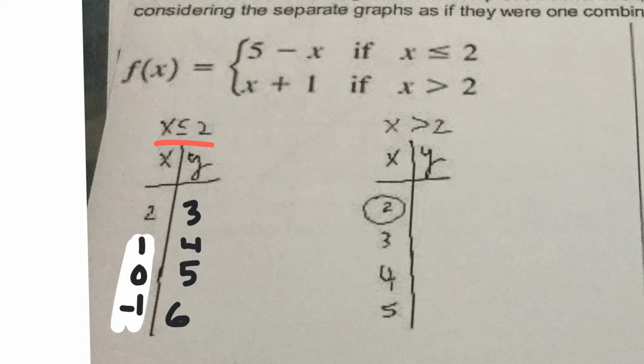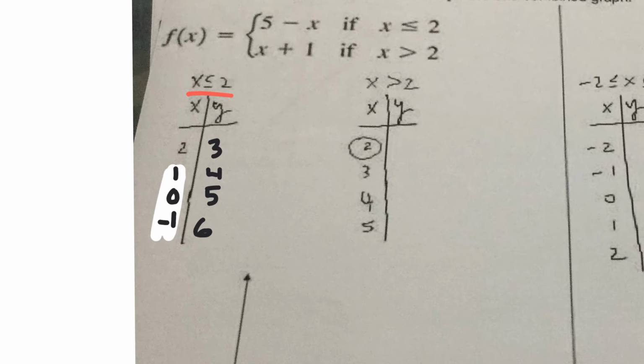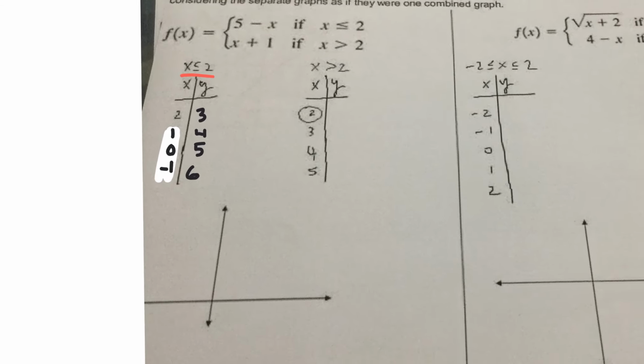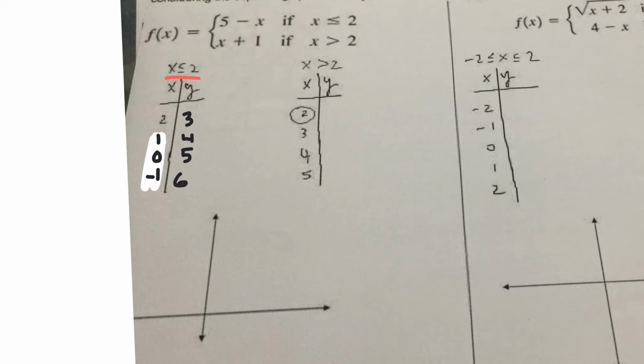So right here are my 4 points that I found on my graph. There are more. Those are just 4 that we have identified. And so we're going to graph those. So let me get some tick marks going here. Okay, so I go to 2, 3.